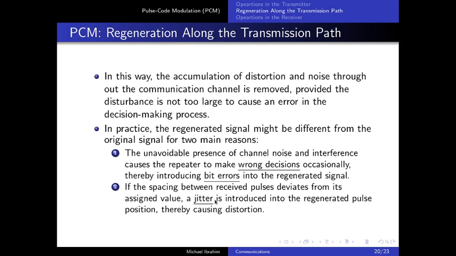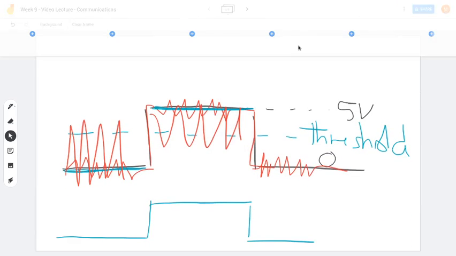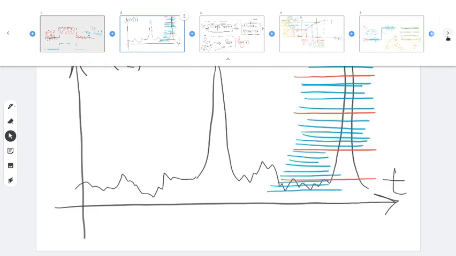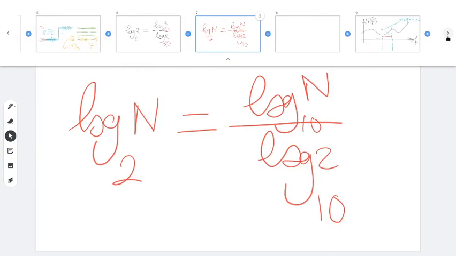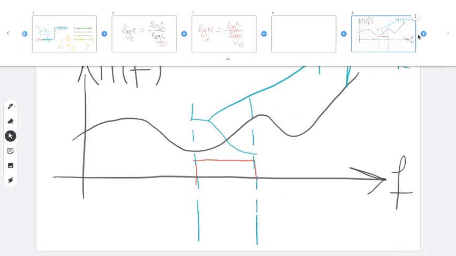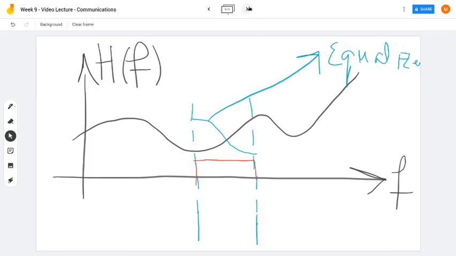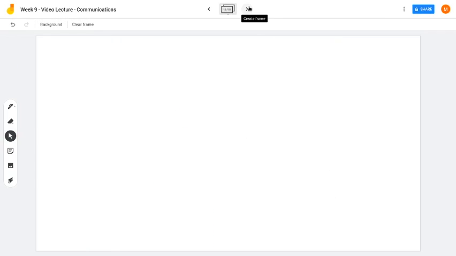And this jitter will result in a sort of distortion. In order to understand this concept of jitter, let's go back to our whiteboard over here and try to understand what this means. So the jitter basically means that the samples are arriving at the wrong timing.